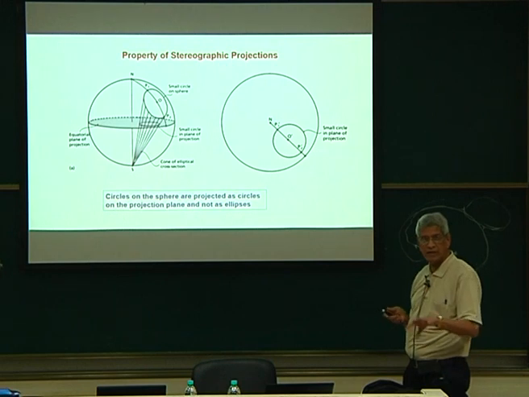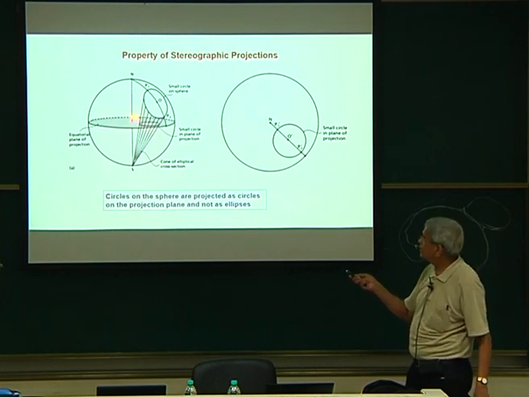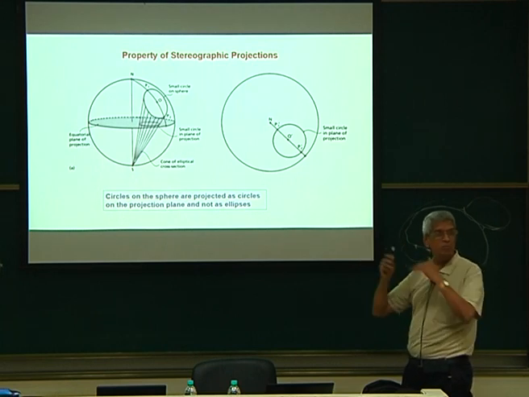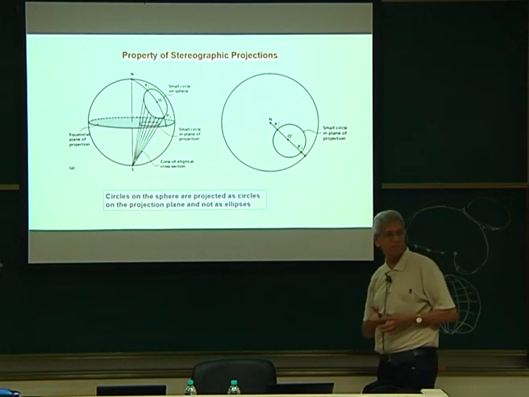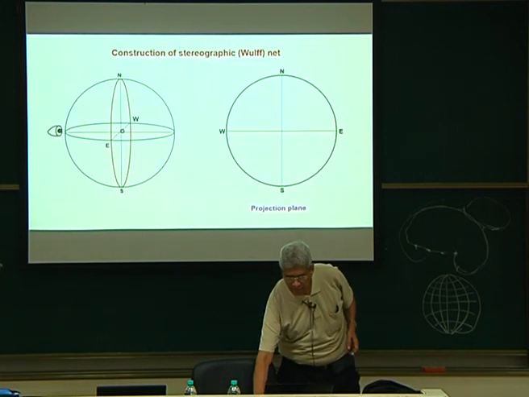A circle on the sphere gets projected into a circle only in stereographic projection. If you take any other projection, a circle will become an ellipse. That's one important property of a stereographic projection, and that's what is being shown here.